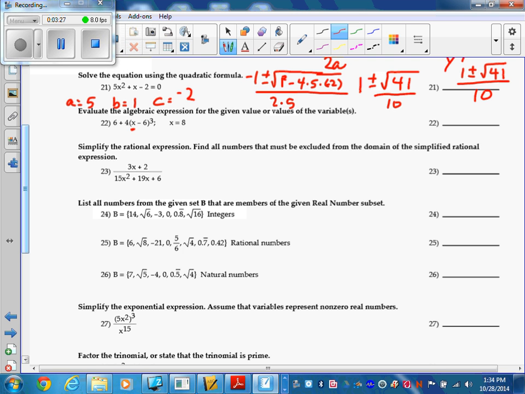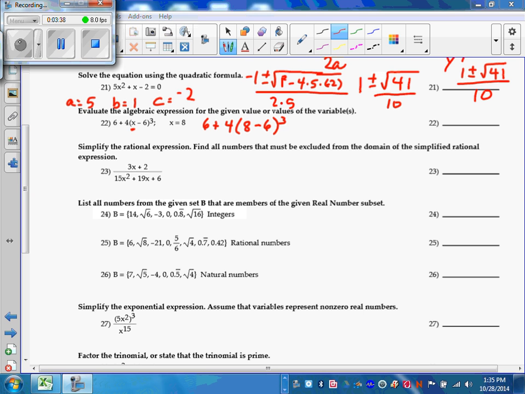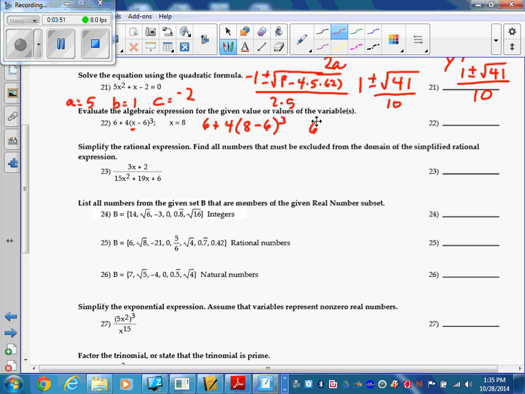So what we have here is 6 plus 4 times 8 minus 6 to the 3rd power. 8 minus 6 is 2. 2 to the 3rd power, we're using the right order of operations. 2 to the 3rd power is 8, so this is 6 plus 4 times 8. 4 times 8 is the next thing, so that's 32. So 6 plus 32 is 38.